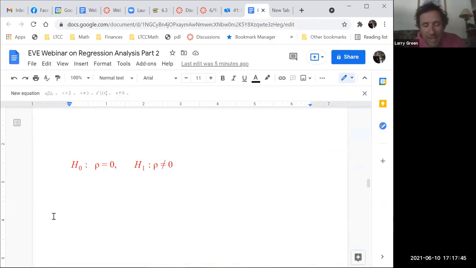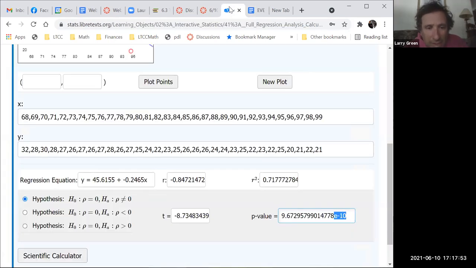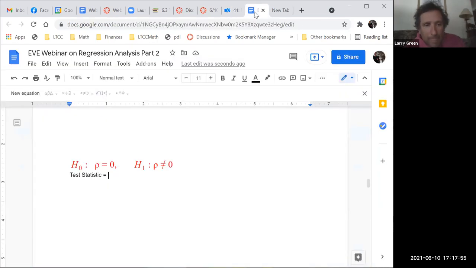We can say that the test statistic is 8 point something. What was it? Negative 8.73. And by the way, if you have a z-score or a t-score that's negative 8.73, that is so beyond outlier.